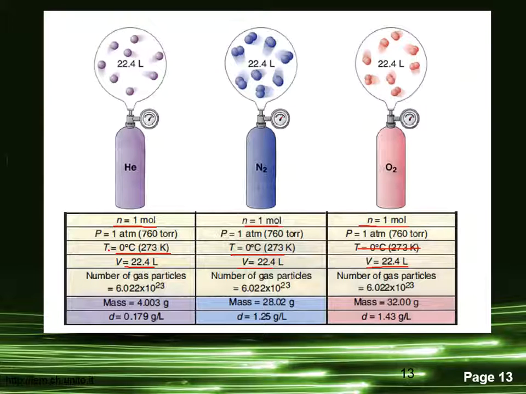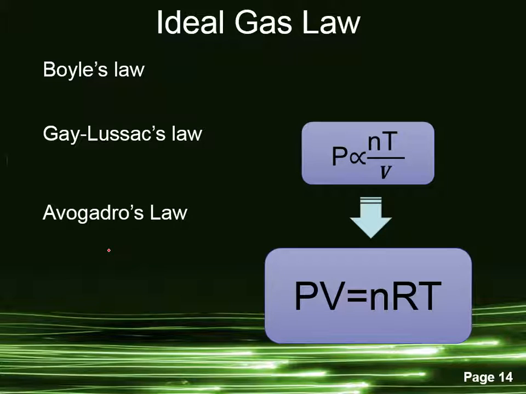Lastly, all the laws correlate in one equation called the ideal gas law. Based on these three laws, we can tell as volume goes down, the pressure goes up. This means the pressure is related inversely to the volume. We also saw that pressure and temperature are directly related.